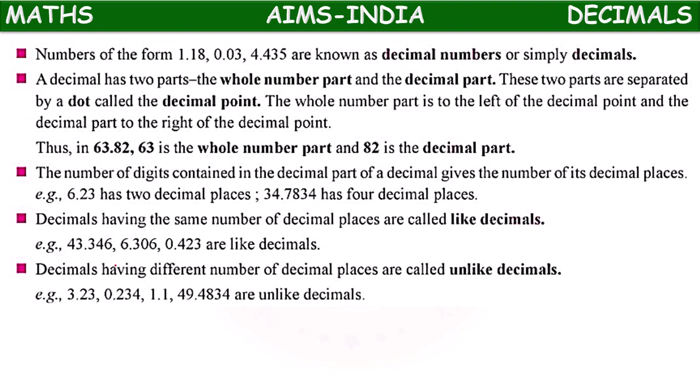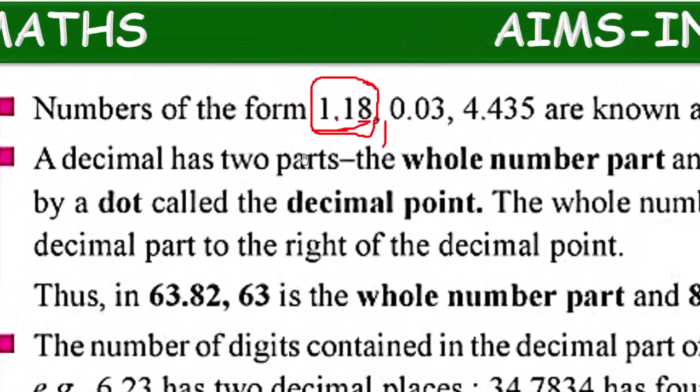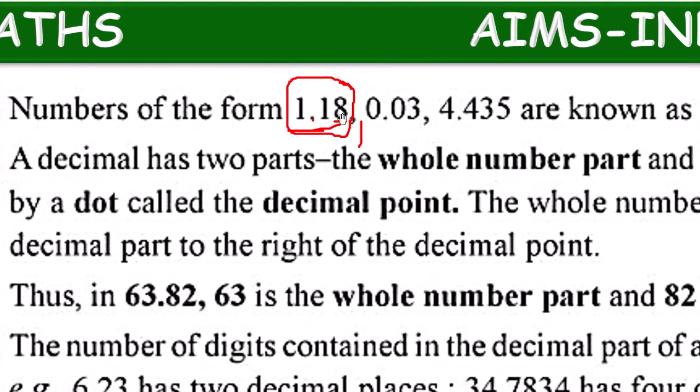Next. Numbers of the form 1.18, how do we read this? We should not read it as one point eighteen. After the decimal point, whatever digits we have, we have to read them separately.